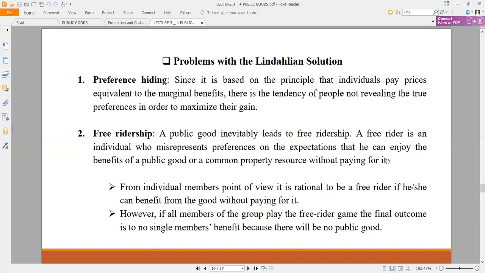But when you do that, the good might not even be able to be provided. So people hide their preference. They don't actually state the true benefit that they get from the good. And then the second issue, the free ridership. We have a free rider when that person doesn't actually reveal.